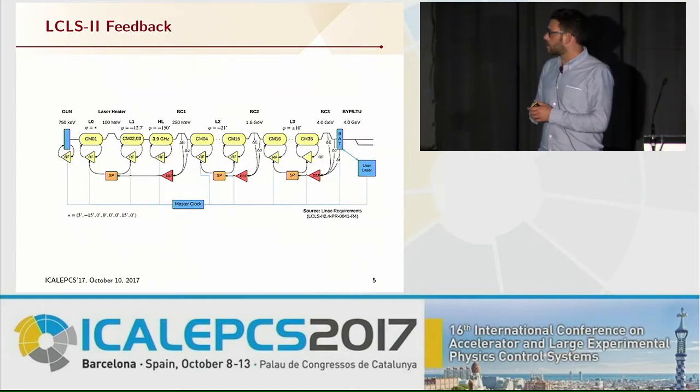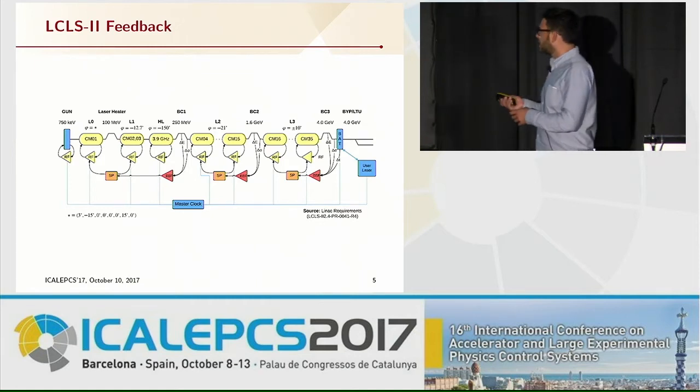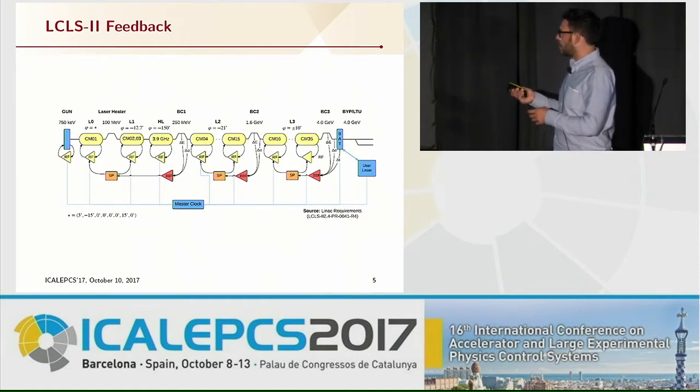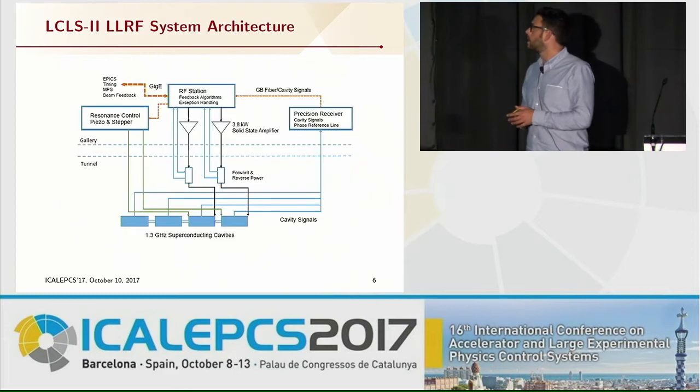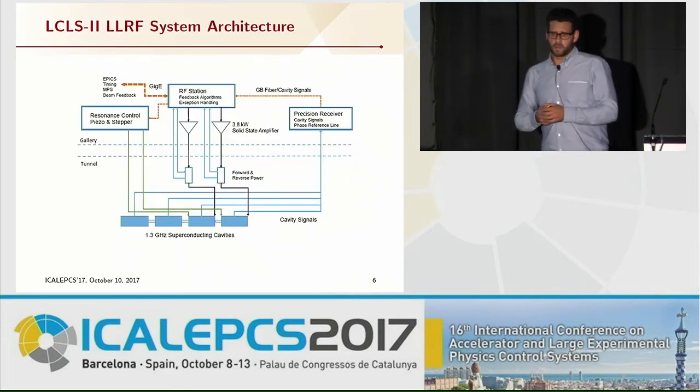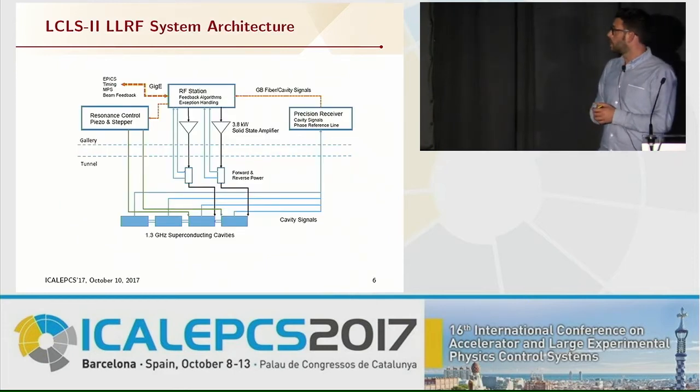Here's a diagram showing the several feedback loops involved. I want to point out that we're focusing on the RF loop here, controlling these cavities inside the cryomodules, and there is also beam-based feedback that is initially going to be implemented in EPICS to feed back on measurements on the beam itself.